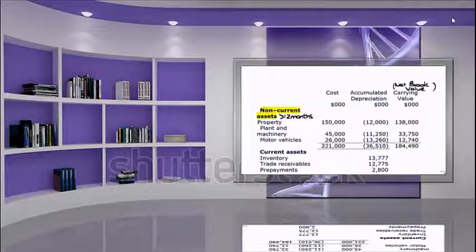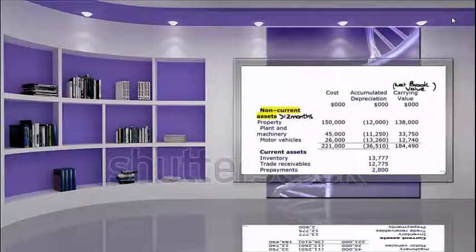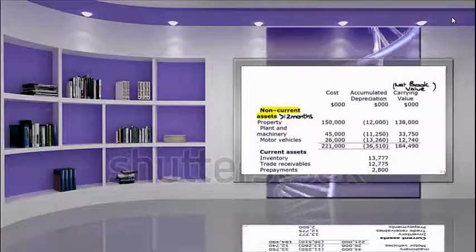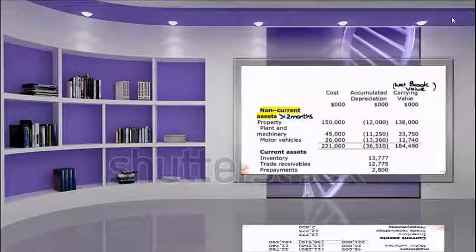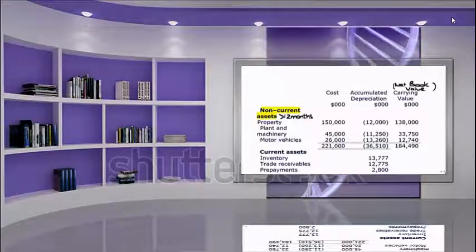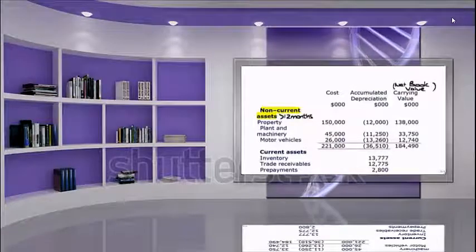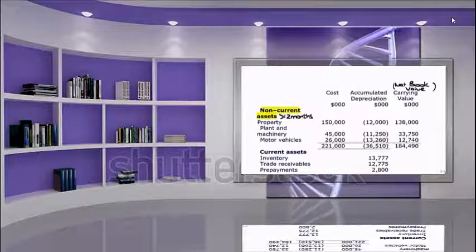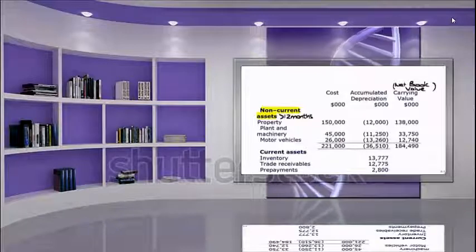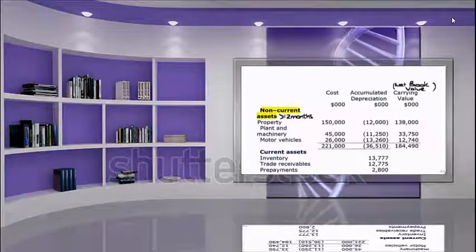What we can see in our list then, we have property. So this is your land and your buildings in a business. So you may own the land and the building that sits on the land as well. Now that building you might use and run all your accounts department, your administration department, and various other functions of the business may run out of that property which sits on the land.